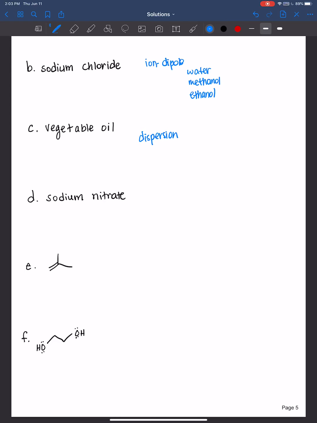However, having those long hydrocarbon tails essentially dilutes the polarity, right? If you look at the molecule overall. And so really vegetable oil is very nonpolar, and so therefore dispersion would be the dominant intermolecular force.